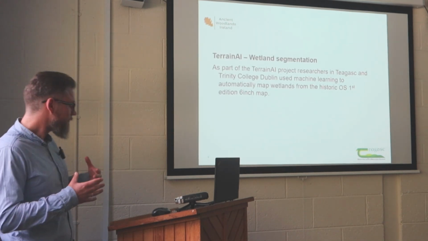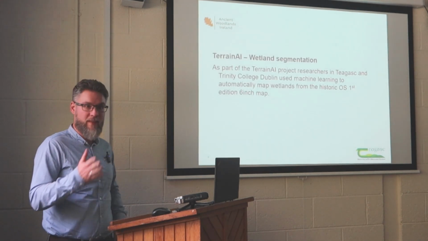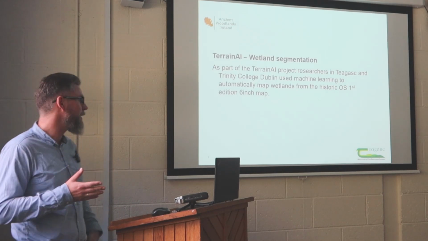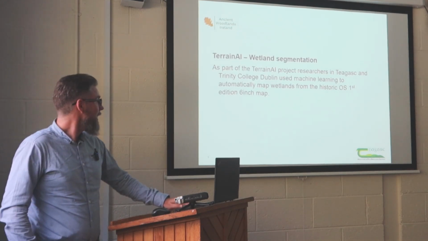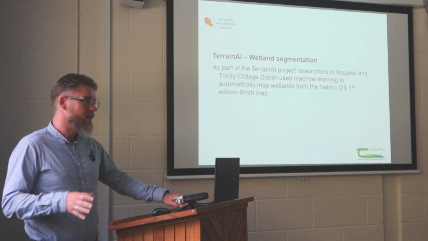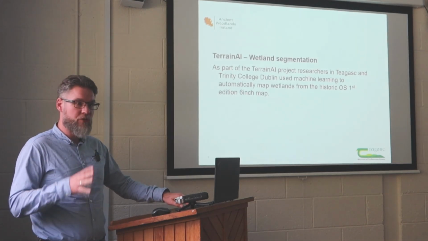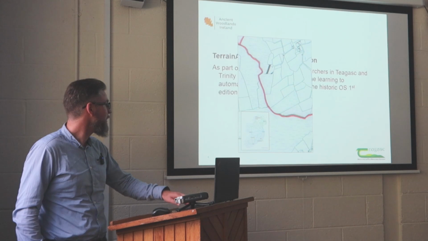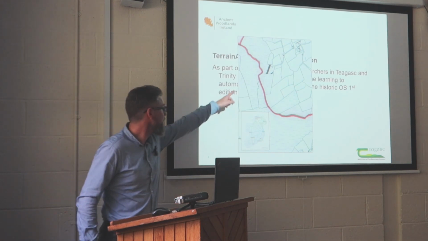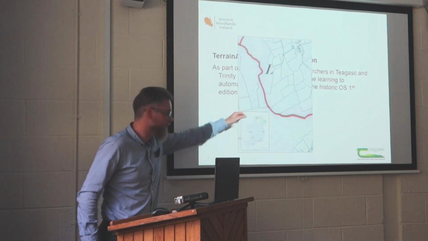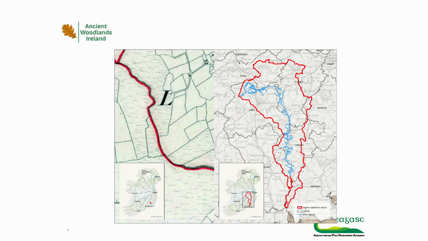We used the same map that Thomas used, the first edition color OS map, and developed a machine learning model to read this wetland symbology. So here you see the wetland symbology in the maps. We didn't do it for the whole country. We looked at a specific sample site, the Barrow catchment. So we tried to model the whole Barrow catchment.